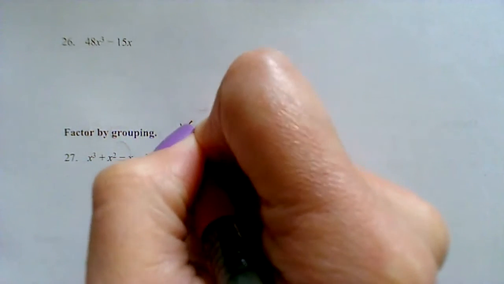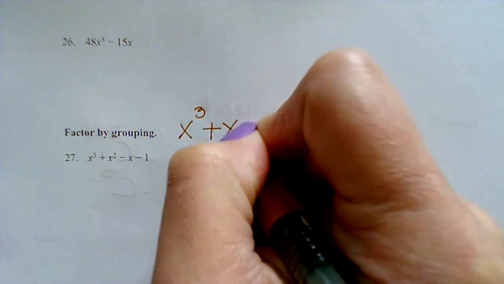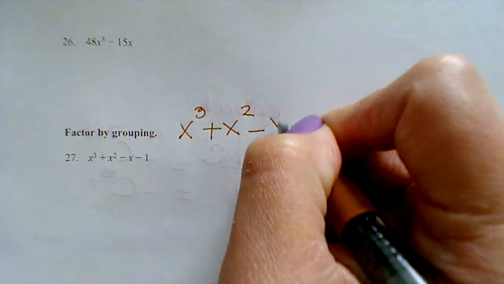Now it says factor by grouping. So by grouping, we have x to the third power plus x to the second minus x minus 1. So by grouping, let's do it.